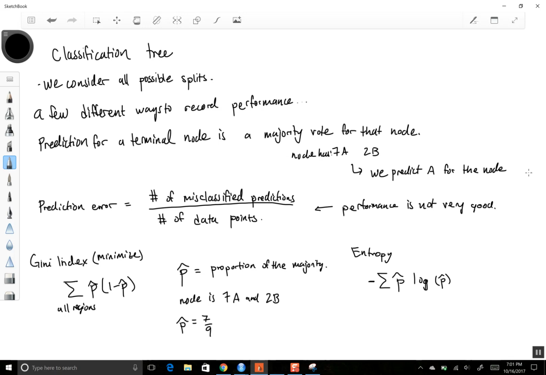For the regression tree, we just predict a value based on the mean of the data points in that segment, and for the classification tree, the prediction is just whichever class is the most represented in that segment partition.